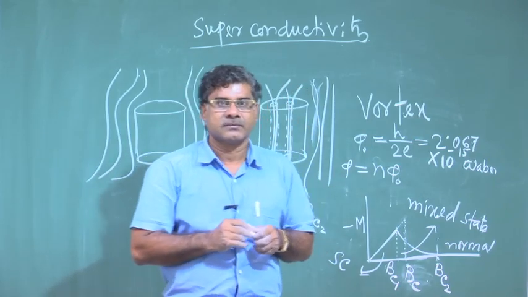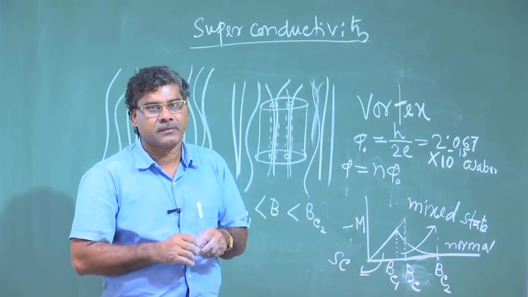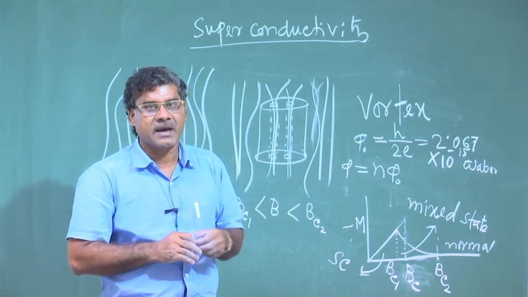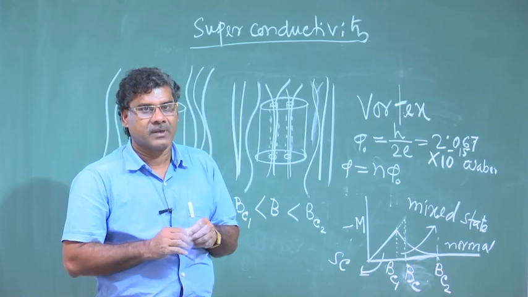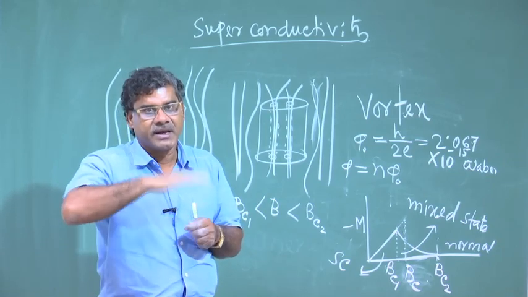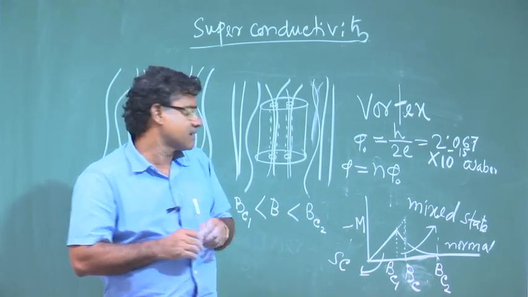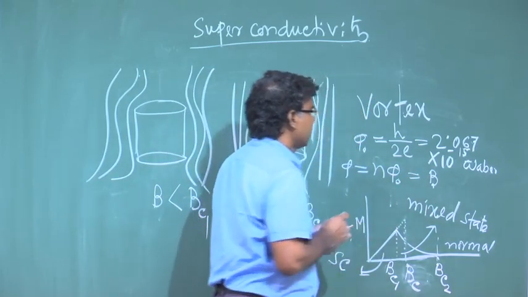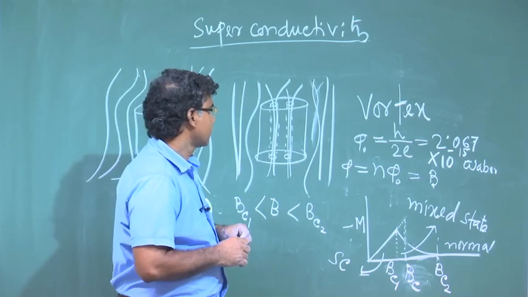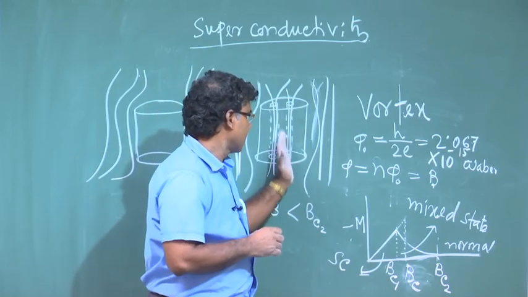That is nothing but the magnetic flux, magnetic induction B, right, because per unit area, what is the flux? That is the magnetic induction, passing through this material.